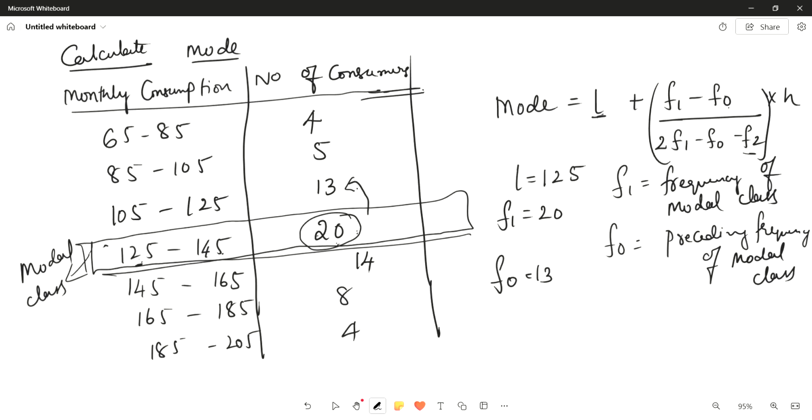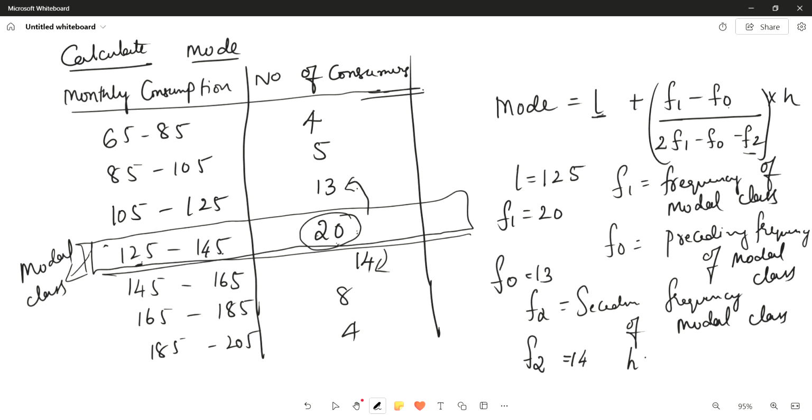And F2 is the succeeding frequency of the modal class. So F2 is equal to 14. H is the size of the class interval. So 85 minus 65, 20, it is the same thing, right? 145 minus 125, 20. So H is equal to 20.